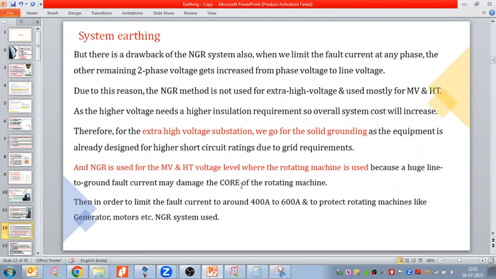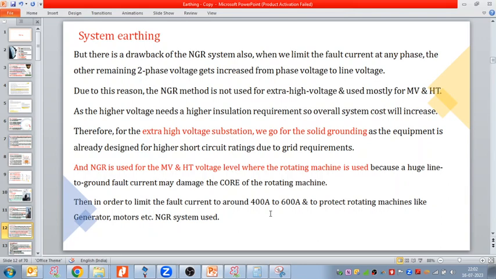So we have to limit the fault current in those kinds of electrical installation. We do that limitation in the range of approximately 400 to 600 ampere to protect the rotating machine.